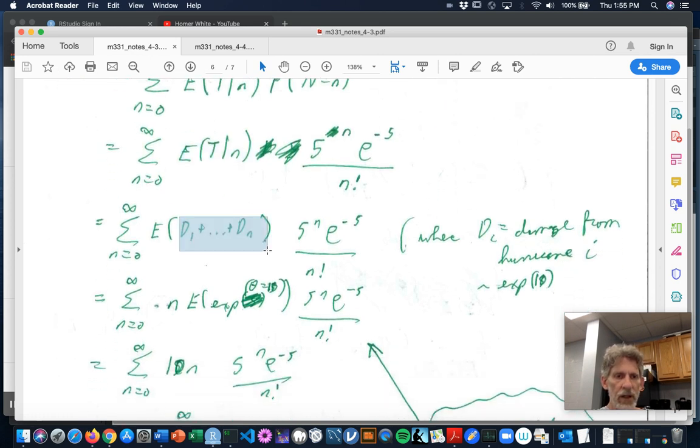One way is to think of the total damage as the sum of the damages of each hurricane: D1 plus D2 all the way up to plus Dn, where Di is the damage from hurricane i. And then you could say, I think the expected value of a sum is the sum of expected values.